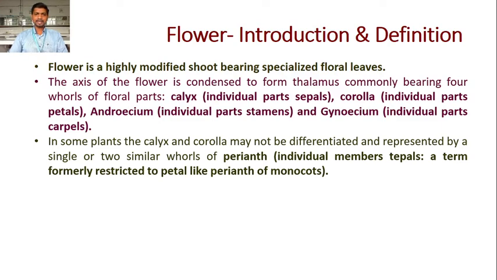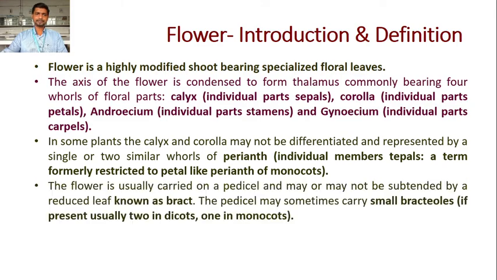When there is no differentiation between the calyx and corolla, then the perianth is present and the individual member is called a tepal. It is a term that was formerly restricted to the petal-like perianth of monocots, but here we are using this term when there is no differentiation between calyx and corolla: it is perianth and the individual member is tepal.